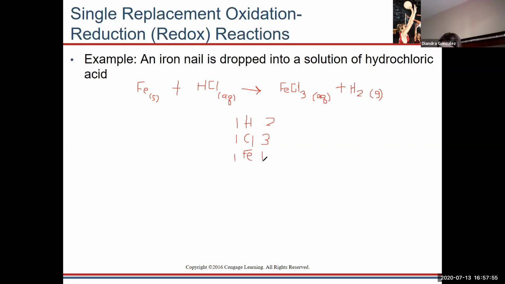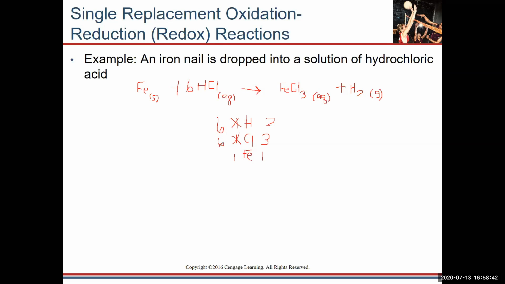So what do I need to do to balance it? Would you add a 6 next to HCl? Okay, sounds good. Got a 6 in front of HCl. Is it balanced now? No. So what do I need to do to balance it?